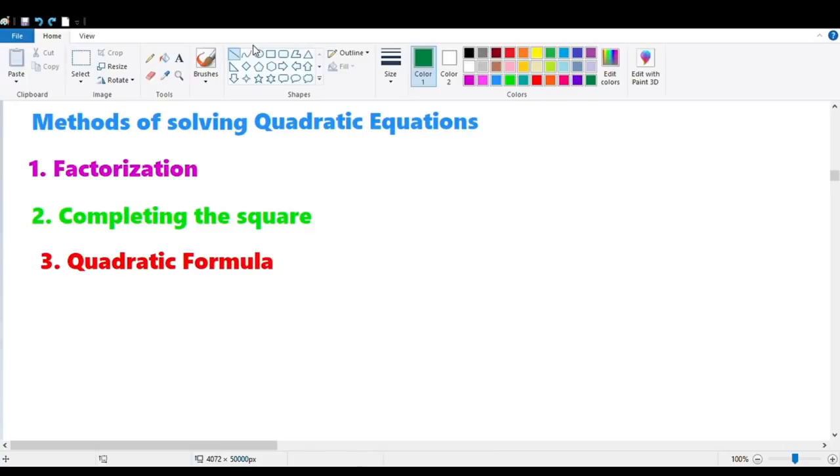So guys, now we're going to be learning the methods of solving quadratic equations. As you can see, there are three methods: factorization, completing the square, and the quadratic formula. Completing the square is a method, and so is factorization. And you can also say the quadratic formula is, but the only thing about it is that it's derived from the second method, which is completing the square.